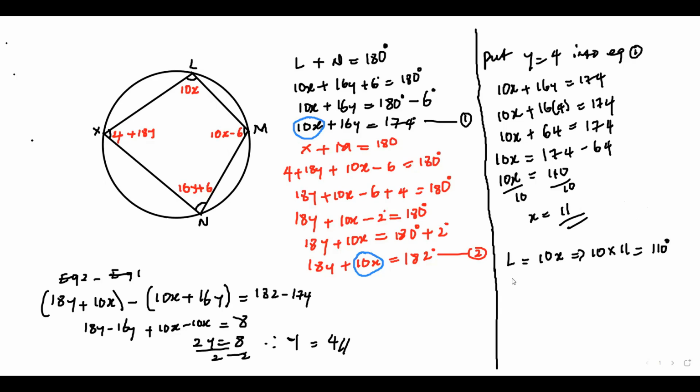Okay, that's for L. And for x we have 4 plus 18y, which implies 4 plus 18 times 4, and everything is equal to 76 degrees.